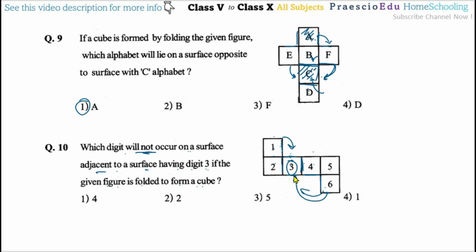Okay, so 5 is the one surface which is not adjacent to the 3, because this shape will not attach to the 3. Okay, so that's why the surface of number 5 will not occur on a surface adjacent, meaning that is the opposite, the same meaning. So 5, given in option number 3, is the correct one.